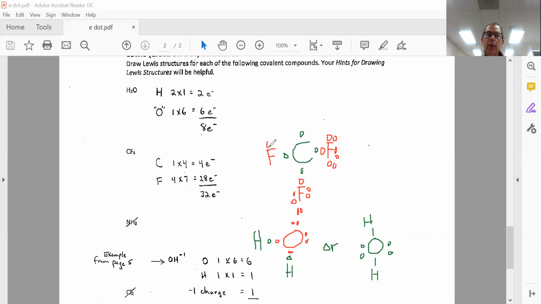And 1, 2, 3, 4, 5, 6, 7 for this fluorine. And then I'll do the same thing.